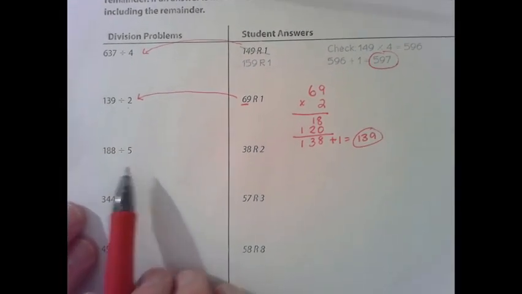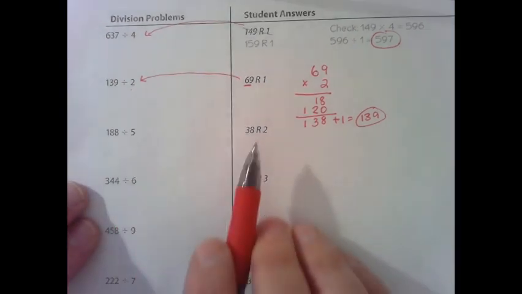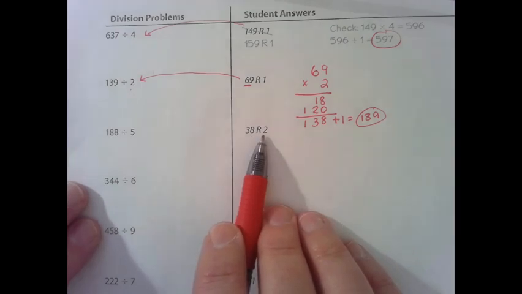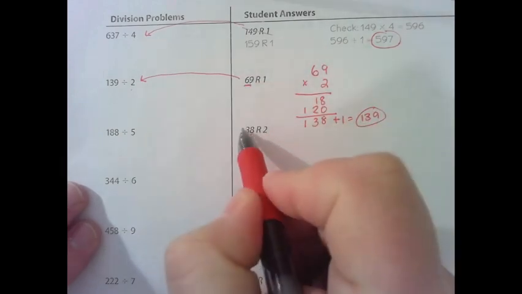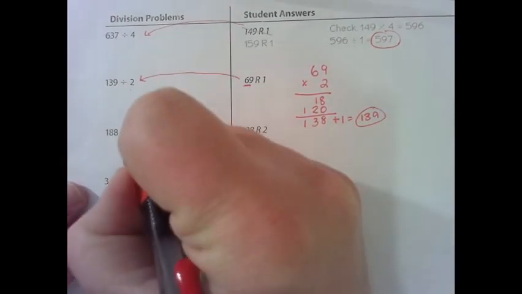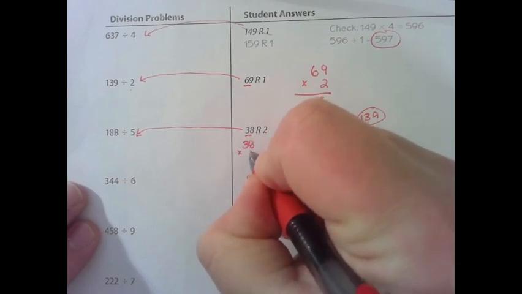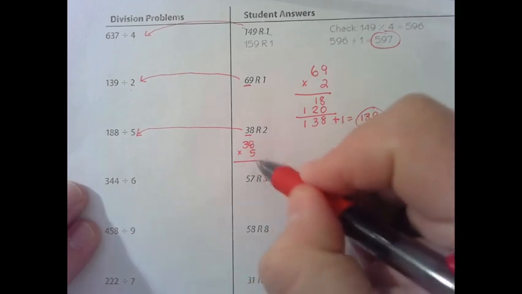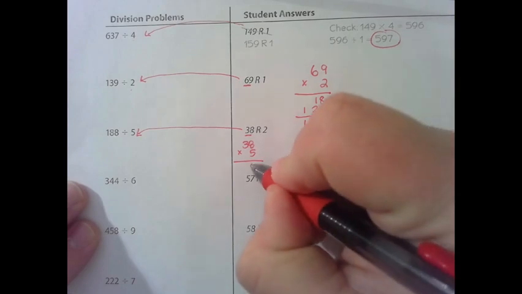So the next one is 188 divided by 5. That student got an answer of 38 with a remainder of 2. So again, you take your quotient, 38, and multiply it by this divisor. So 38 times 5. I'm going to do traditional because I'm running out of room. 8 times 5 is 40.